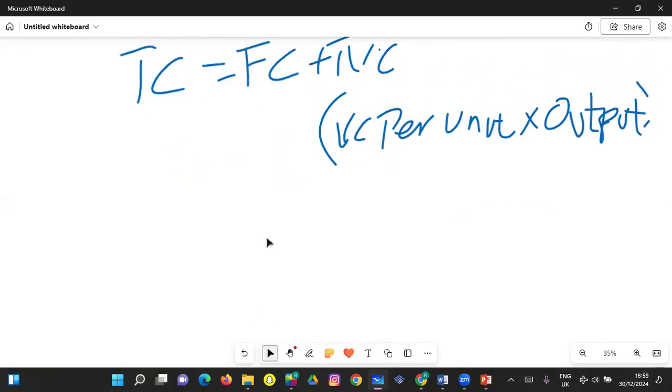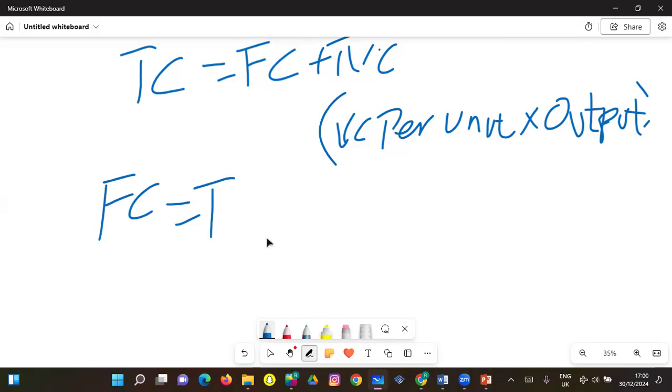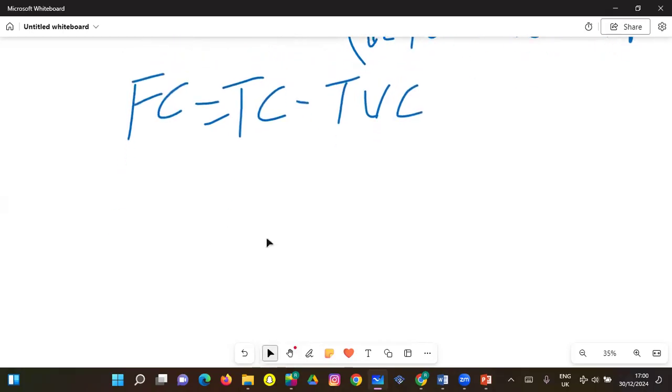So total cost, as we know already, we want to find the fixed cost now because we have the variable cost per unit. So we make the fixed cost standalone and then bring the total variable cost. So fixed cost is going to be TC minus TVC. Remember, we are now going to use the highest activity level.